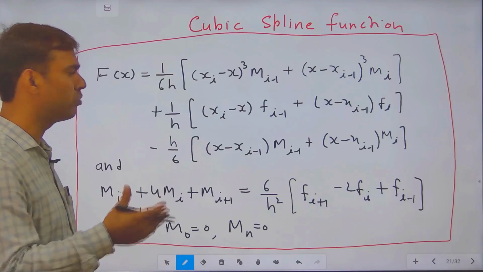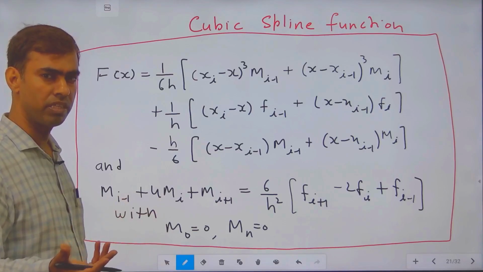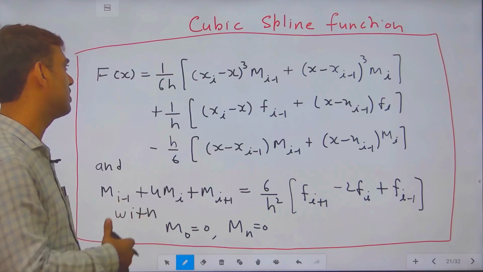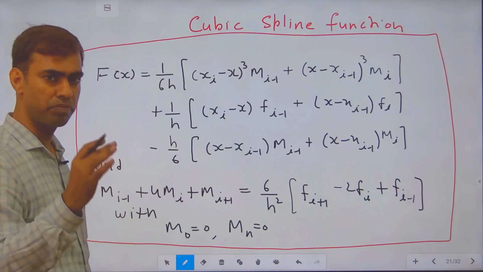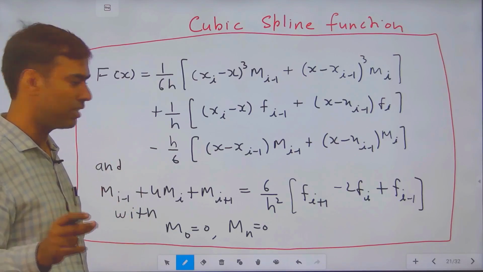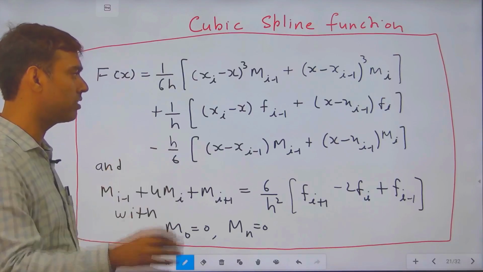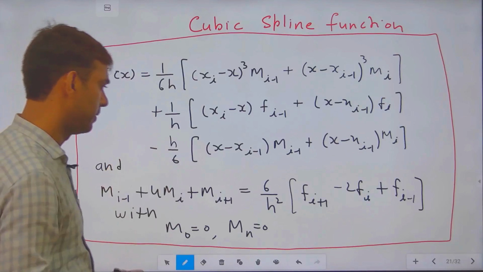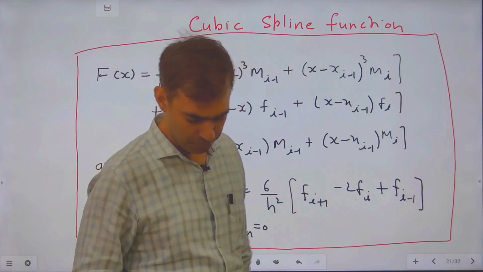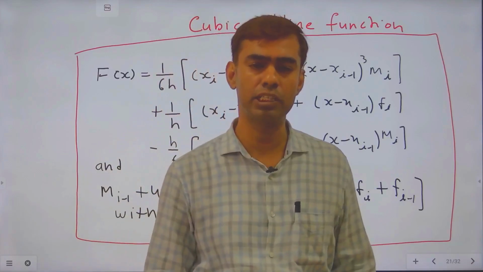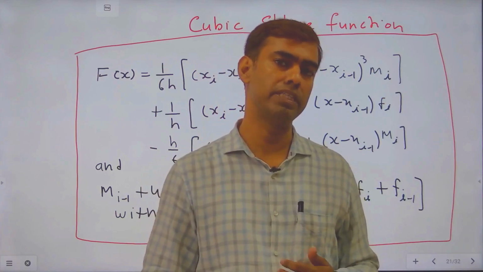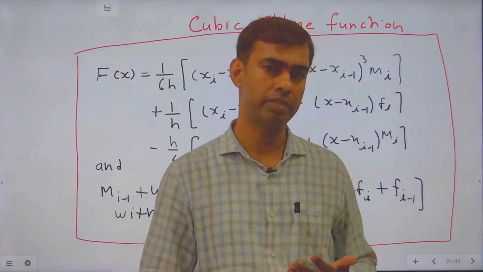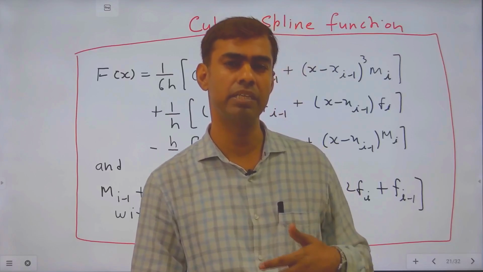That's why this is known as the alternate approach. In this approach, first we write a polynomial for the first class interval, the second class interval, the third class interval, and so on. This is the theoretical aspect of the cubic spline function, meaning how we fit a cubic spline function in a different way.